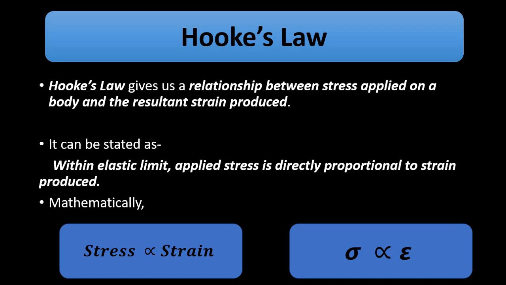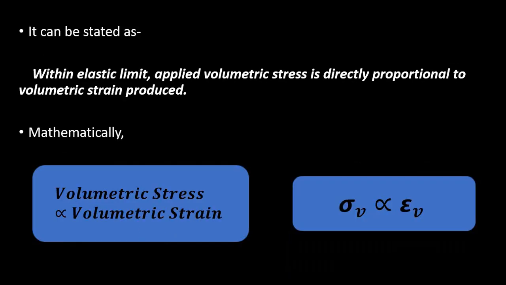So for volumetric analysis, volumetric stress is directly proportional to volumetric strain. That is, the change in volume per unit original volume is directly proportional to the applied volumetric stress. So here sigma subscript V is directly proportional to epsilon subscript V. This is volumetric stress and this is volumetric strain.